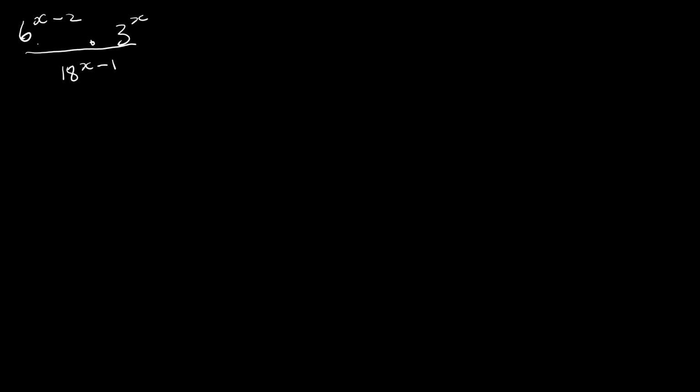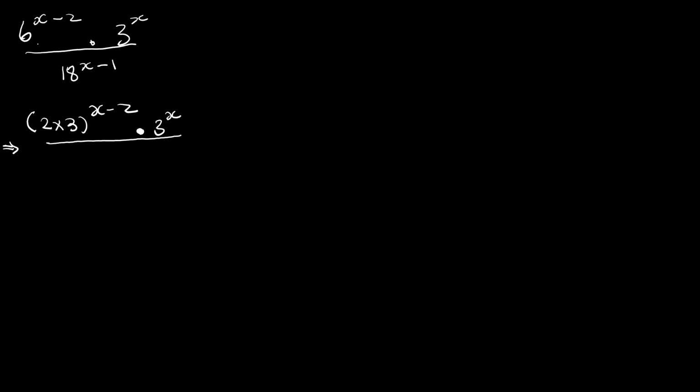Okay, so when you have it like this, first thing first, prime factors. The 6 can be written as 2 times 3, then this will be to the power x minus 2. Then this is multiplied by 3 to the x. Then divide everything by 18, but we need to write 18 as prime factors.